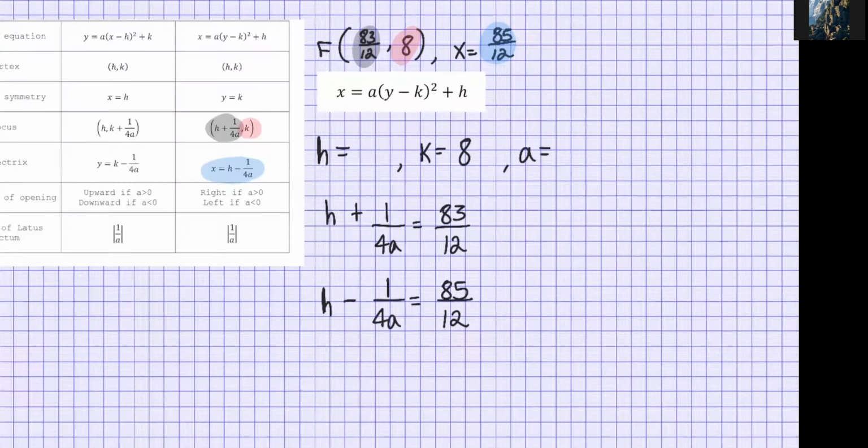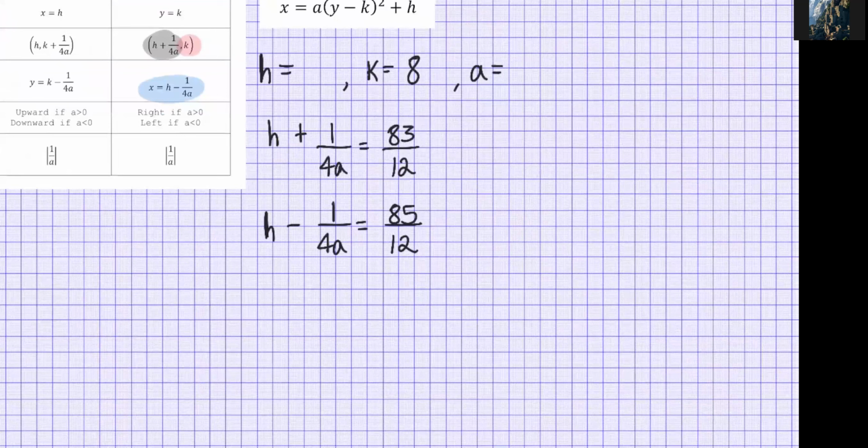So if you see, what we have now is a system of two equations with two variables, the variables being h and a. But now if you see, we have this number here, 1 over 4a, on both equations with opposite signs. So that means that if we add them, we will get to cancel them. So let's do that.